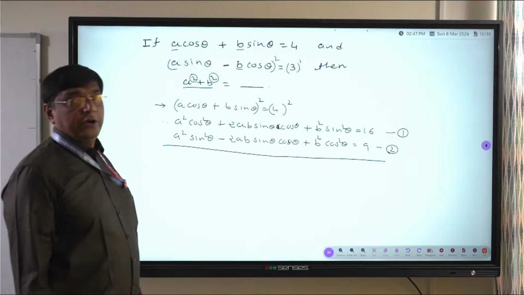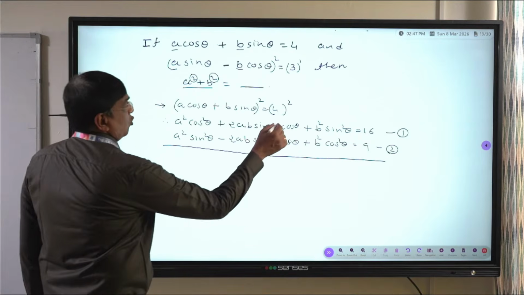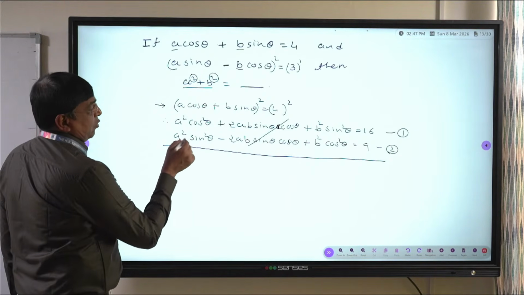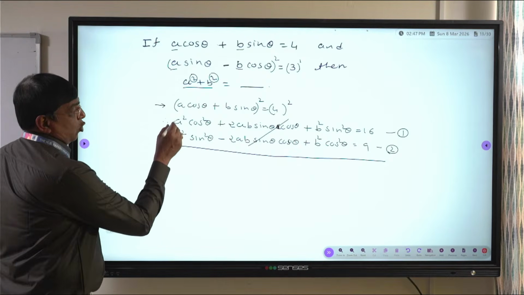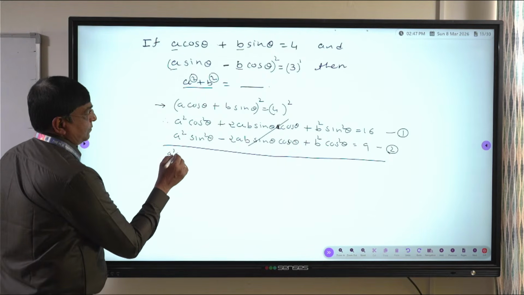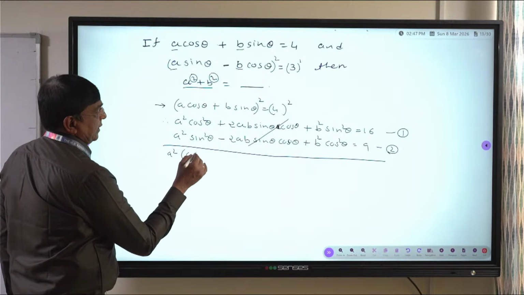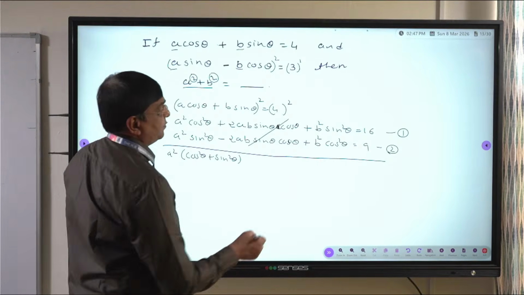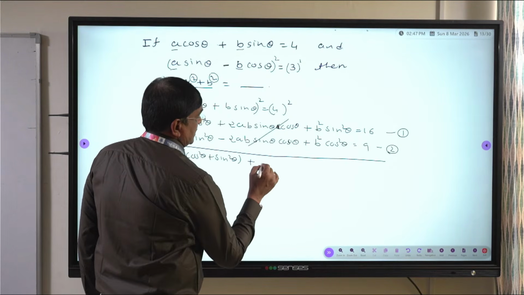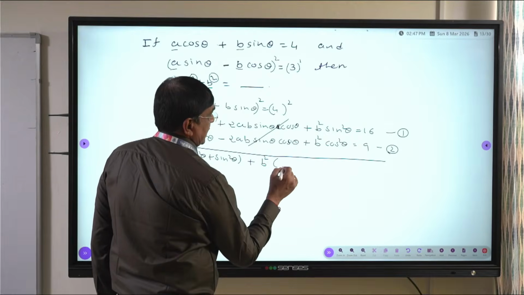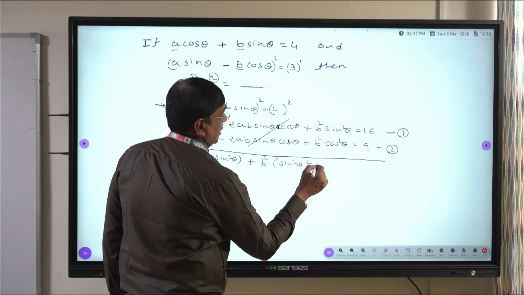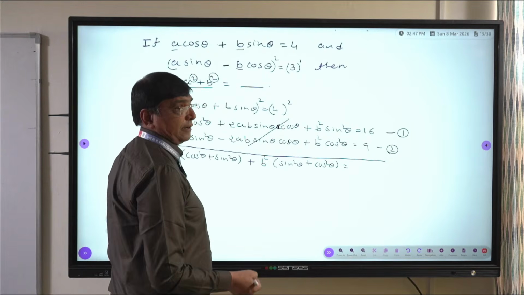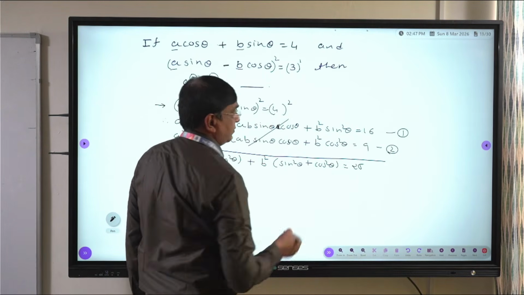Adding 1 and 2. So the 2AB sin theta cos theta terms cancel. Remaining A square cos square theta plus A square sin square theta. From both, A square remains common: cos square theta plus sin square theta, plus B square common: sin square theta plus cos square theta. 16 plus 9, that is 25.